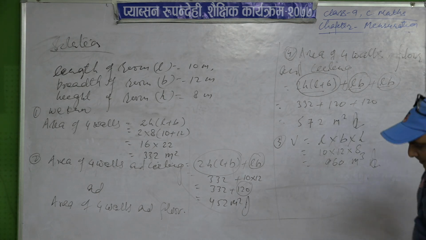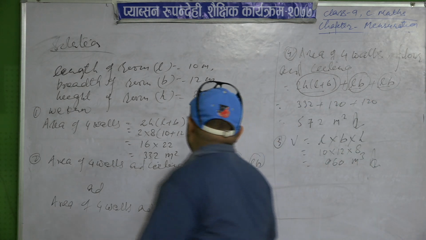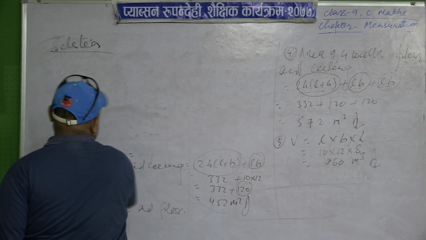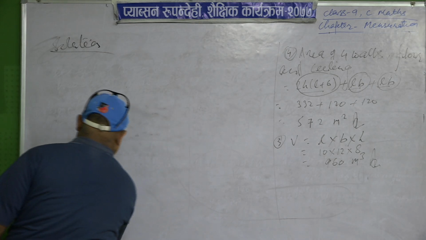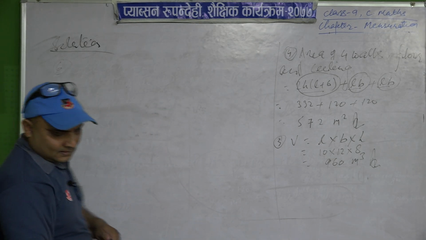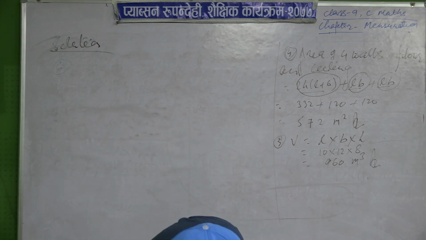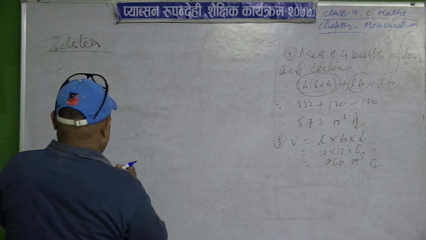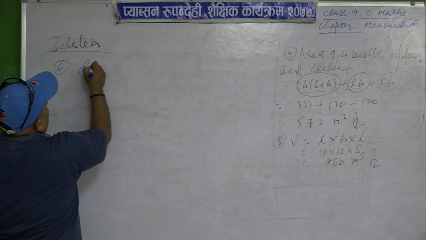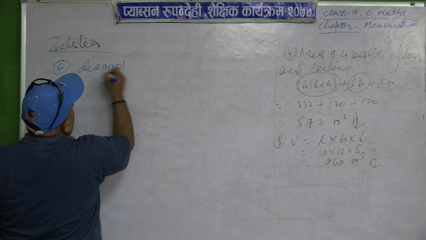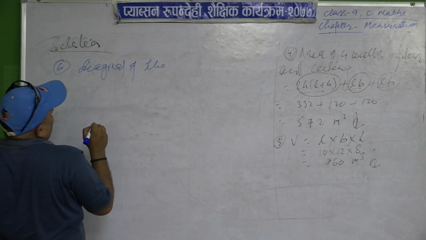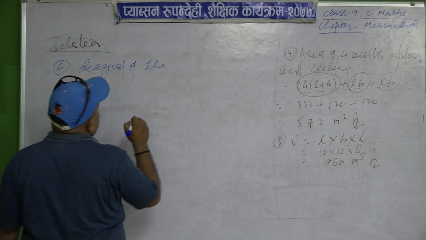And same way diagonal. Sixth number, diagonal of the room. As we know that each rectangular based room has 4 diagonals.